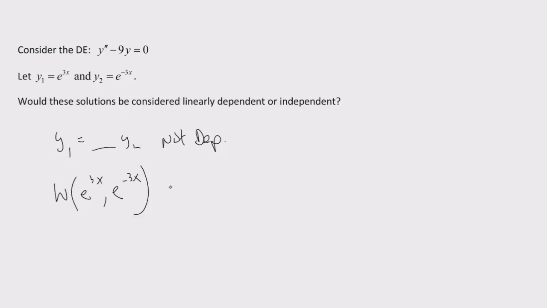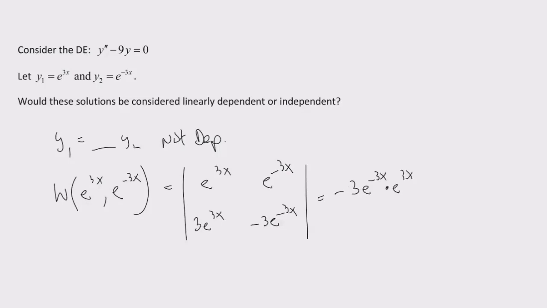So e to the 3x right here, e to the negative 3x, and then the derivative of e to the 3x is 3 e to the 3x, and the derivative here is negative 3 e to the negative 3x. Then I need to calculate the determinant of that. So that's negative 3 e to the negative 3x times e to the 3x, subtract 3 e to the 3x times e to the negative 3x.